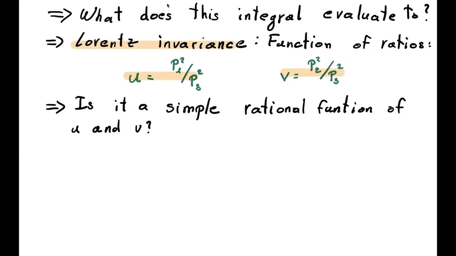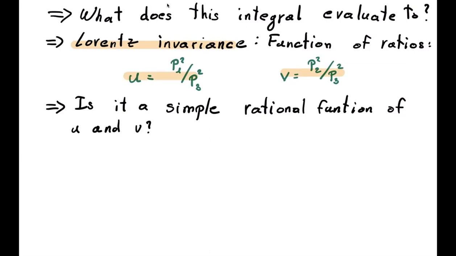So P1 squared divided by P3 squared, P2 squared divided by P3 squared, or the dot products. But you can easily check that for the 3-point function, all the dot products, you can write them just as linear combinations of the invariant masses. So you're looking for a function of these two ratios. Well, there's an overall scale, which we don't discuss, but the non-trivial function dependence would be in these two variables u and v.